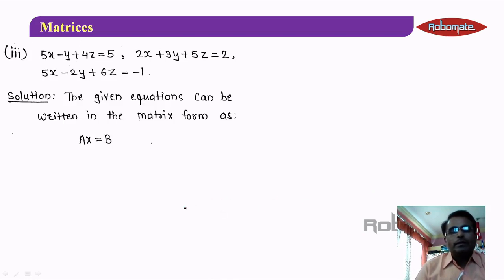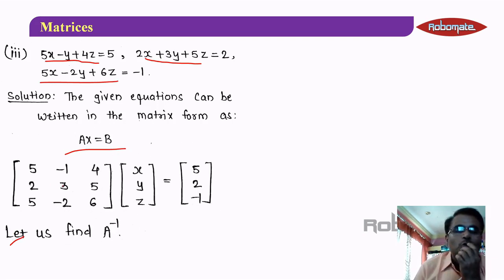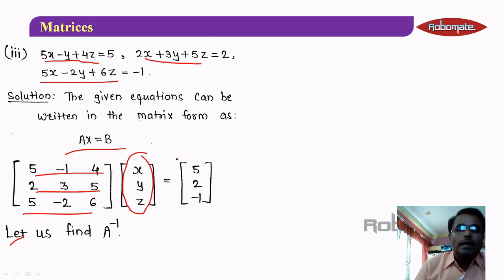So the given system can be written in the matrix form Ax is equal to B. If you consider, you observe that 5, minus 1, 4, then 2, 3, 5, and 5, minus 2, 6 appear as the left hand side coefficients successively. X, y, z is the matrix of variables, and the right hand side constants are 5, 2, minus 1.